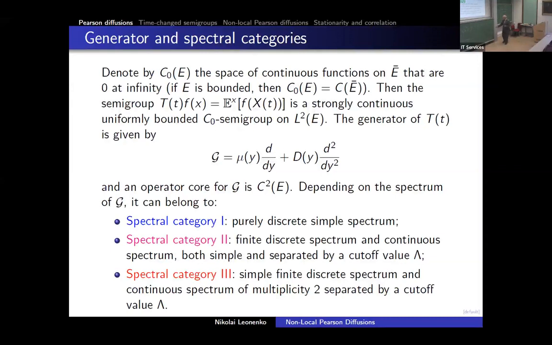For spectral category 6, the situation is even more complicated because we have two cutoffs, lambda 1 and lambda 2, and then we have a minimum here. Here is multiplicity 1, here is multiplicity 2, and again some sort of discrete part of the spectrum. Roughly speaking, it's of course not a definition, but that's the difference between the discrete case and the continuous case.